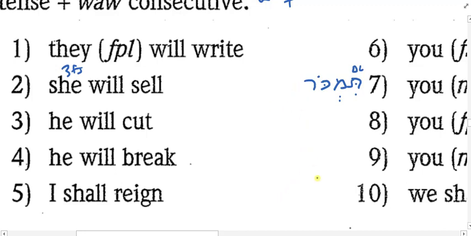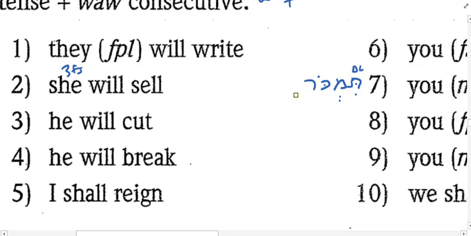Do I need any suffixes for the imperfect 3FS? Nope, there are no. Remember, on the singular side of the imperfect conjugation, it's zero ending everywhere except for 2FS. Okay, so 3MS, 3FS, 2MS, 1CS, those are all no ending. So it's just prefixes I get.